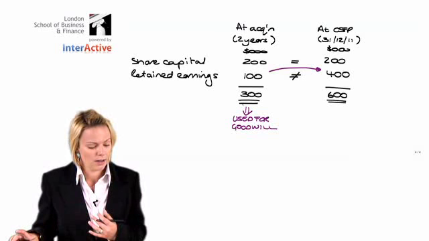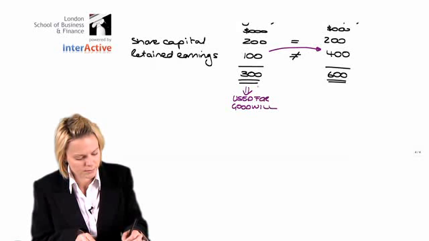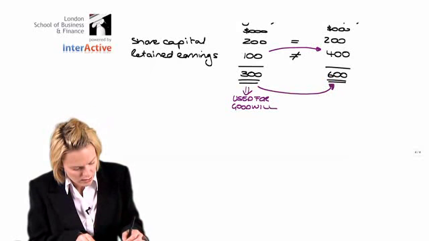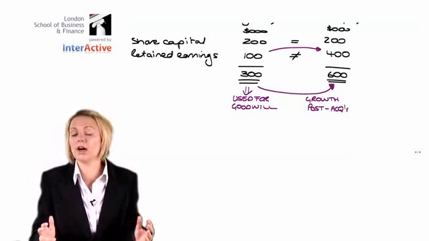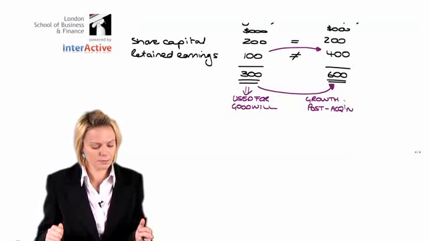Now, the difference between these two columns is known as the growth in the subsidiary post-acquisition, which could equally be a decline as well. Usually it's a growth.